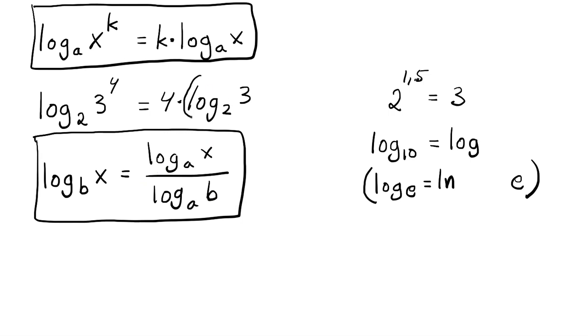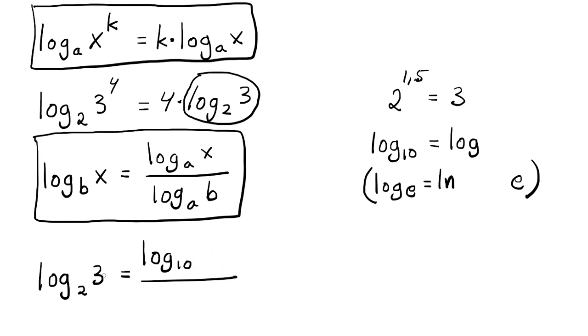So let's say now that I want to calculate this one. Then we can use this formula. So you have the 2 logarithm of 3. And now I want to change it to the 10 logarithm, because then I can use a calculator. Here I can choose any number, not 0 or 1, those are trivial cases. So let's choose 10 here. And what is x?